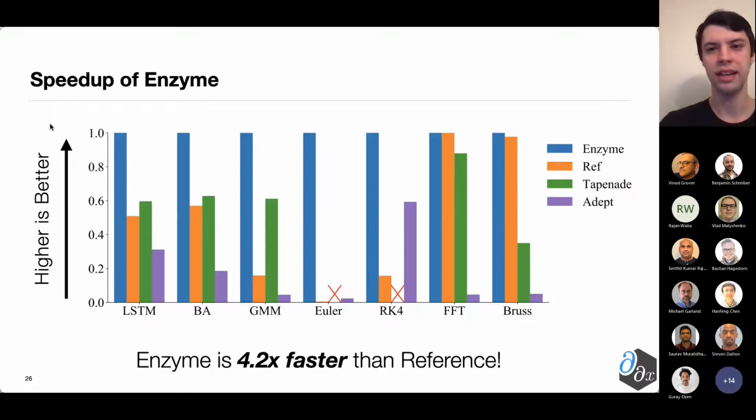So the first thing to look at is the difference between Enzyme and the reference pipeline here, because that shows how much being able to run optimizations first may matter. And for a variety of these applications, if you look at LSTM, bundle analysis, GMM, Euler, RK4, you get a sizable speed up. Some of these other benchmarks, such as the FFT test and the Brusselator test, didn't see that much of a speed up.